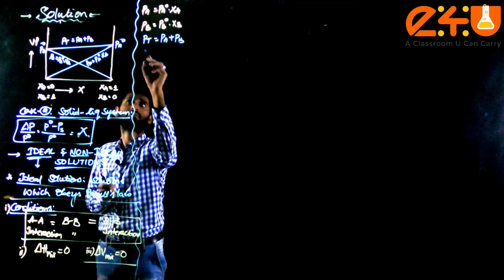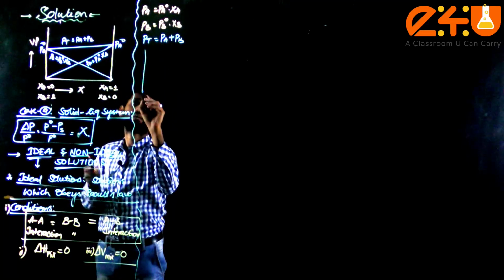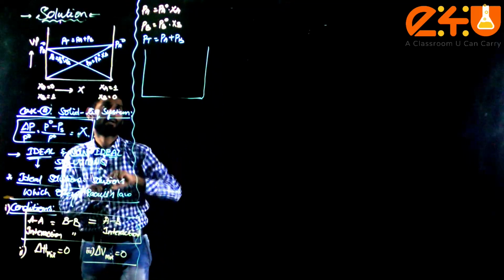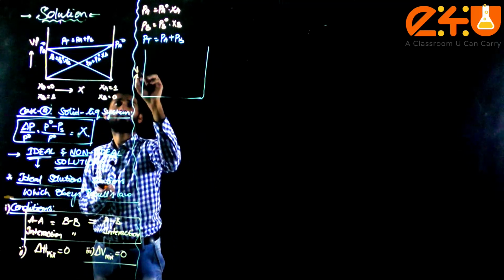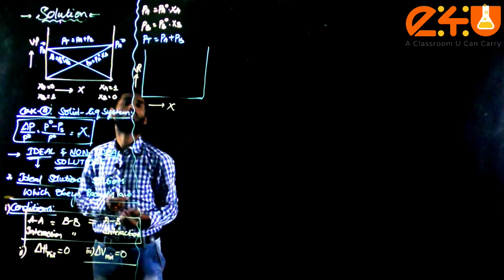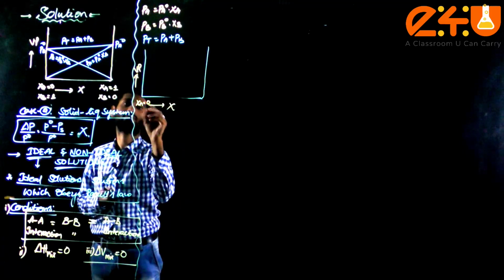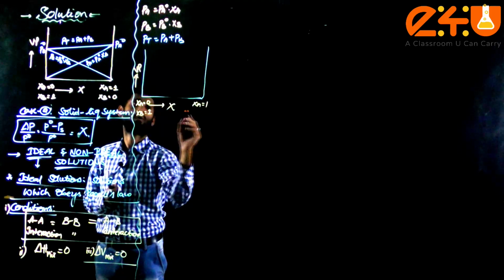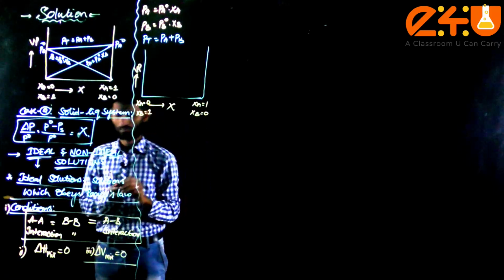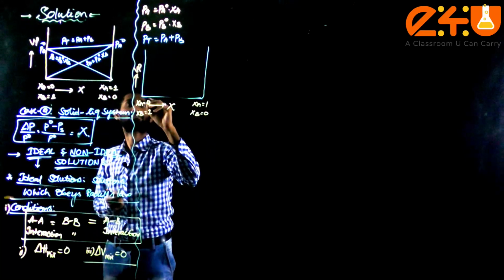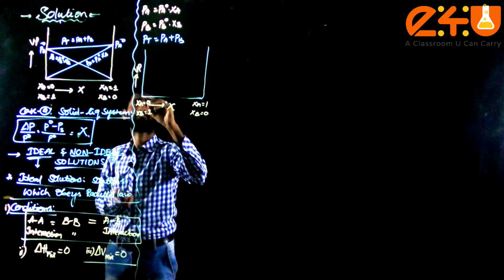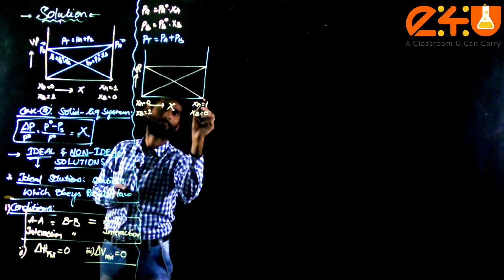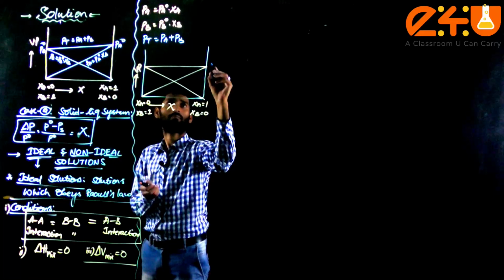Next, the same graph as we already drew, I am showing it again. This is the vapor pressure and this is the mole fraction. XA is equal to 0 at one end and XA is equal to 1 at the other, with XB equal to 1 and XB equal to 0 respectively.